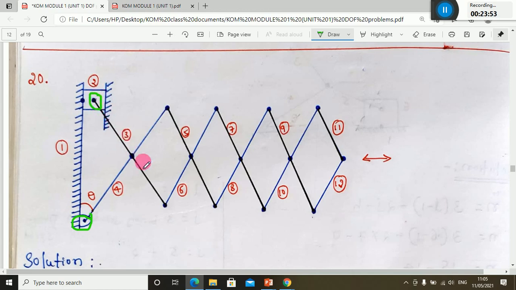The third link and the fourth link are attached at this point like a scissor. And this is the fourth and fifth at this point. And this is the third link and the sixth link at this point. Again 5 and 6 at this point, so here also one more.